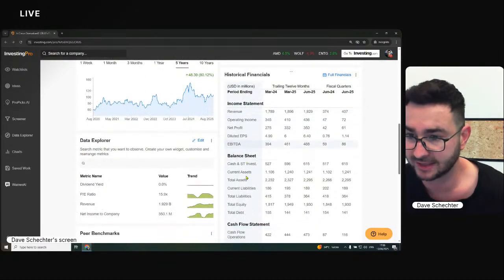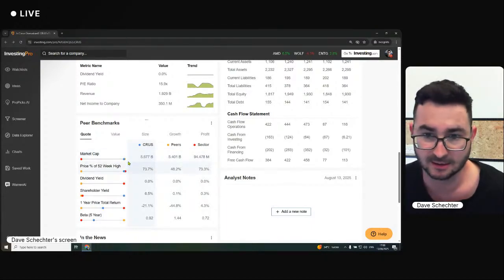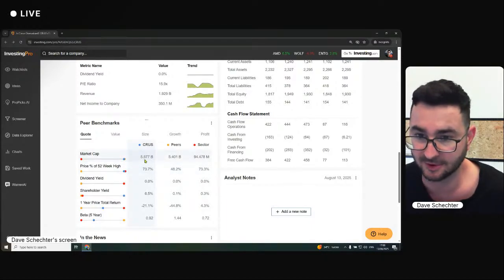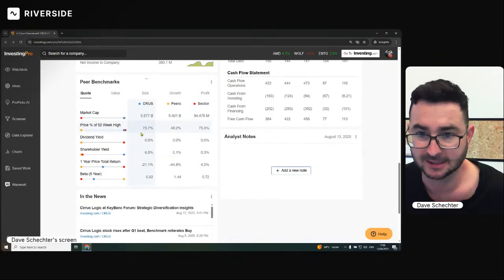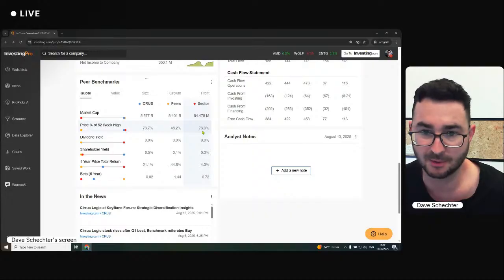I have historical financials, balance sheets, peer benchmarks. I can see in relation to its sector, Cirrus is far and away a lot larger. I can see how they've been trading over a 52-week high. They seem to be trading higher than their peers, on par with their sector.